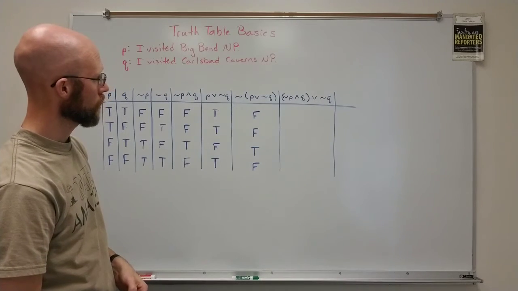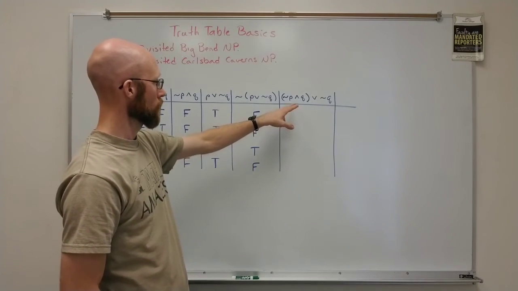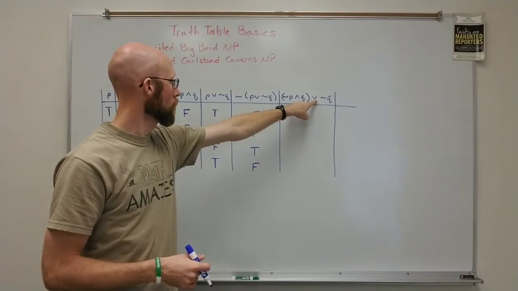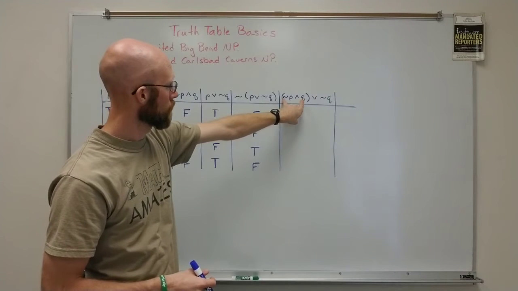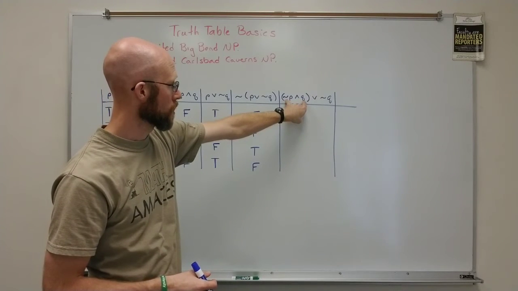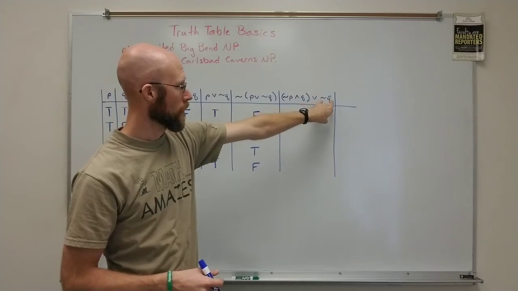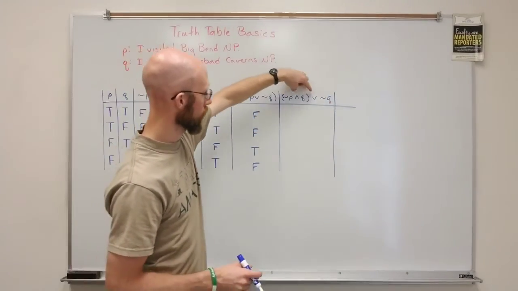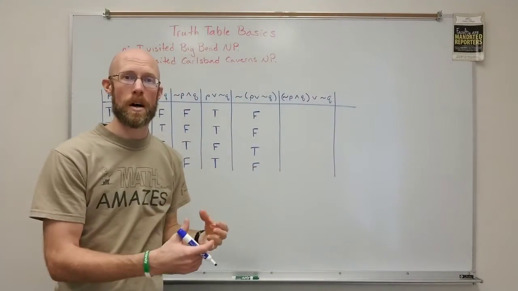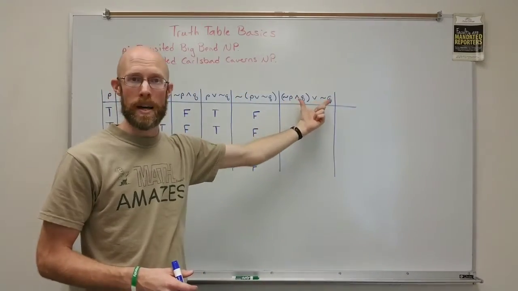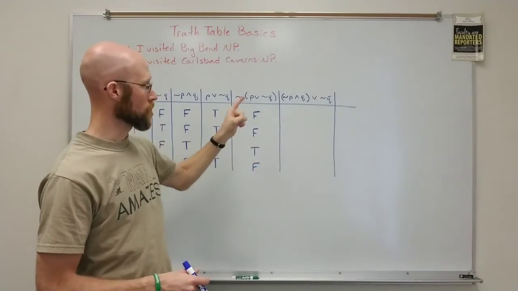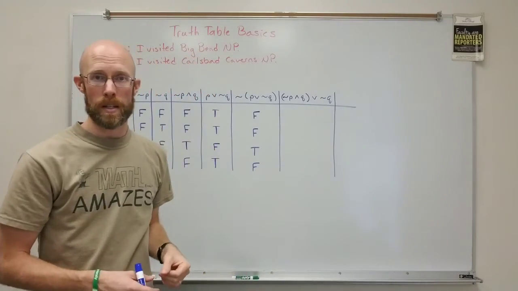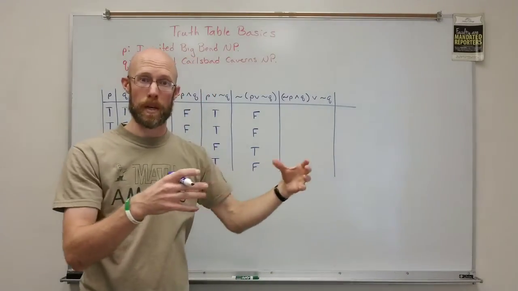Now finally, on the end here, I have a disjunction with a conjunction as the first statement and a negation as the second statement. And so what I need to do, both of these have their own column already. So we always build these up. If I had a statement in mind, I would build up the truth table in such a way that the parts would kind of develop out. We'll do an example in the next video where we do something more complicated like that.